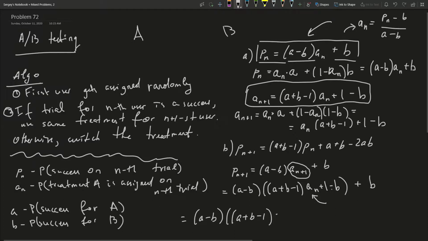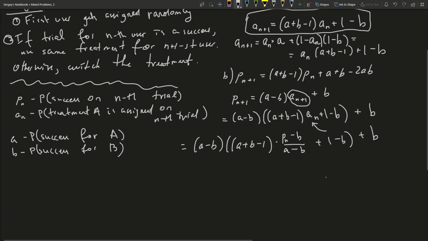And now substituting it for a sub n here, we get p sub n minus b over a minus b plus 1 minus b, plus b. And now we're ready to simplify.